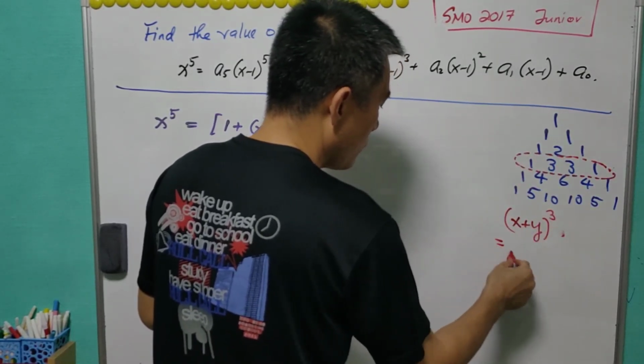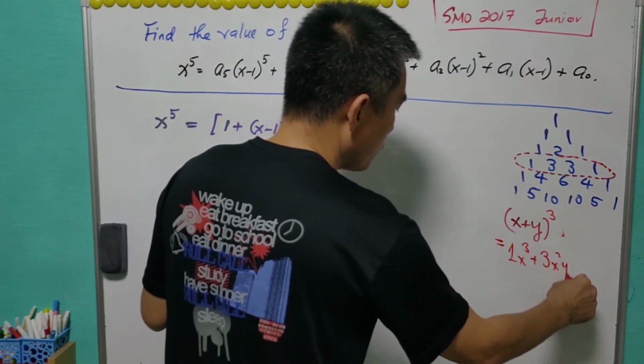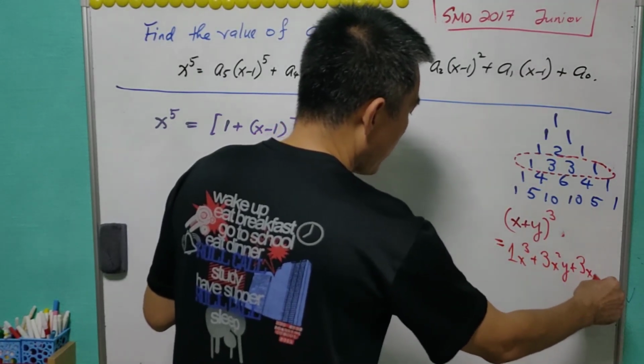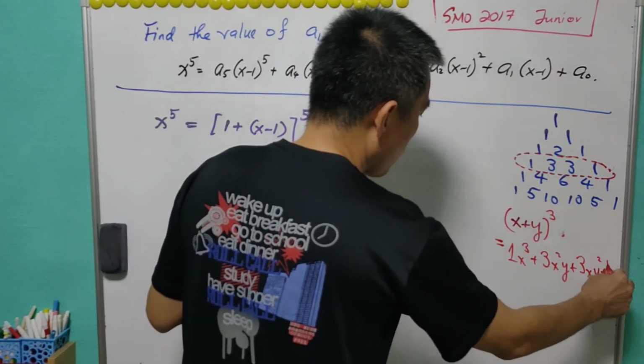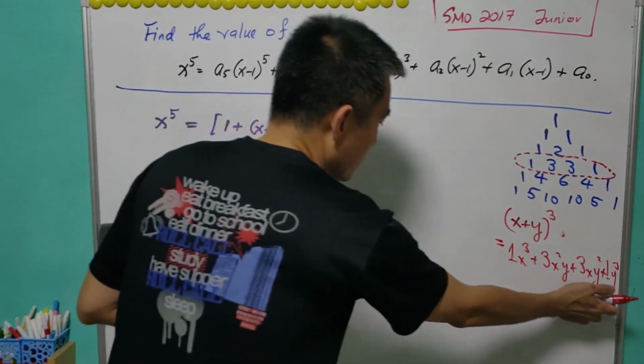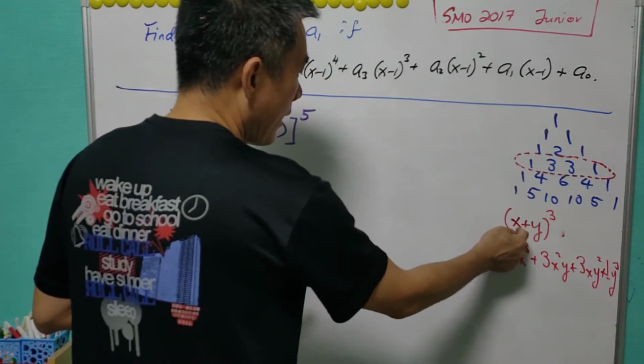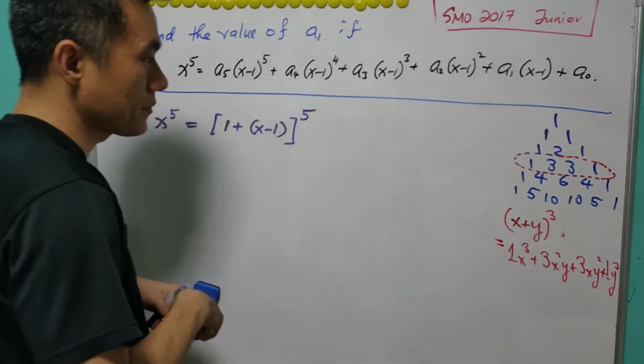So this means 1 of x^3 plus 3 of x^2y plus 3 of xy^2 plus 1 of y^3. So 1, 3, 3, 1. It will be a lot easier if one of x or y equals 1.